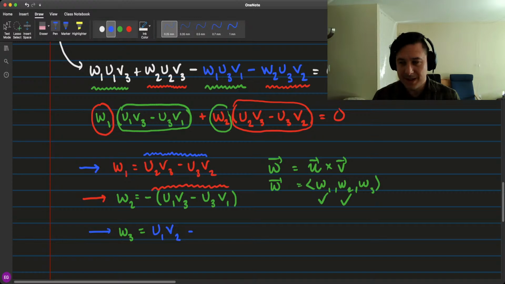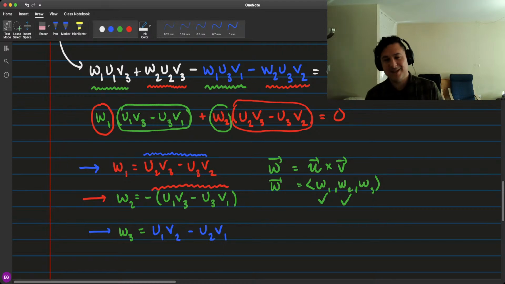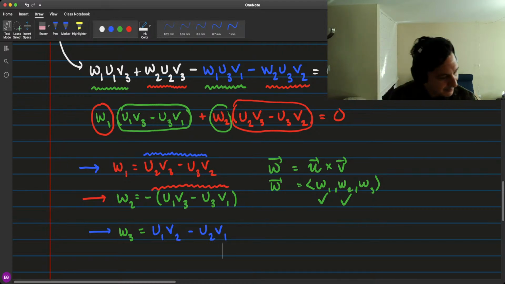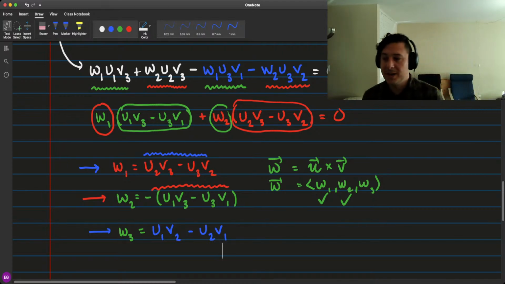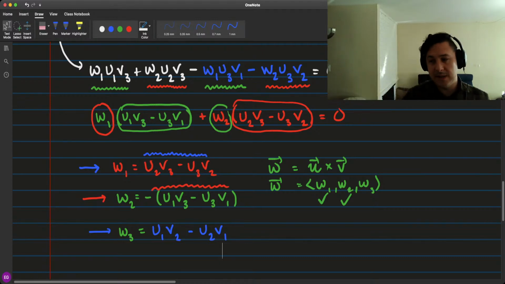No. Because what happens if you have, let's look at the first one, U2 V3 minus U3 V2. What always happens with the letters and the numbers? Yes. Boom. And if you were to plug those back into the original equation, that's what you would get.